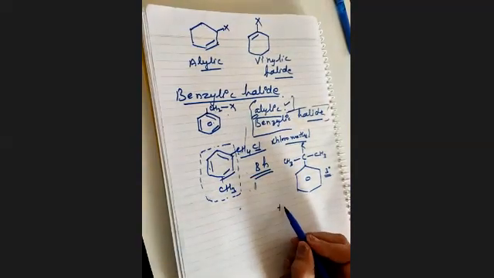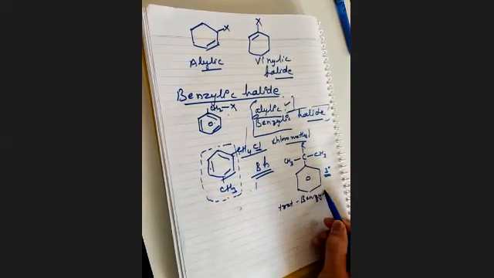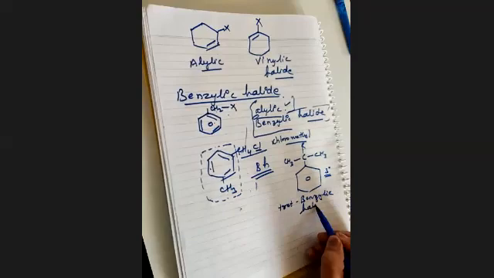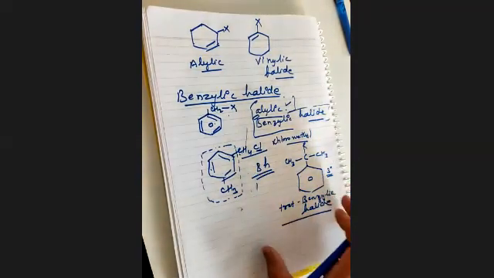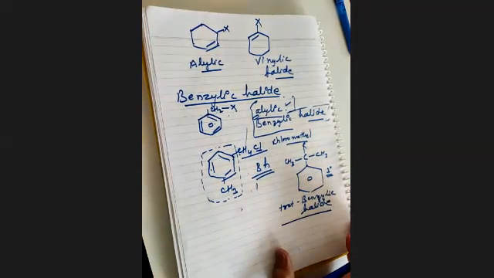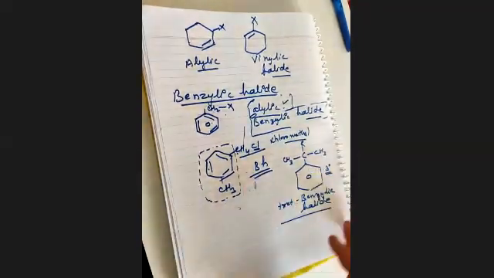So this will be named as tertiary benzylic halide. Okay. So this is all we have done with the halides. We have done the allylic halides, vinylic halides, benzylic halides. So these are all types of halides.